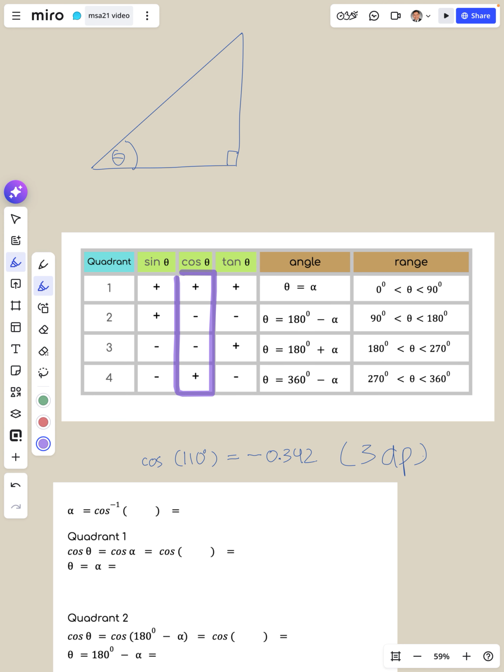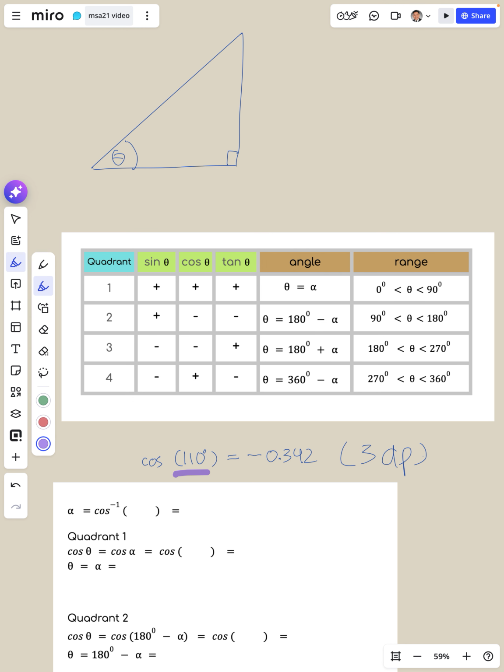So the positive or negative sign of the cosine depends on the quadrants. For cosine, it is positive in quadrant 1 and quadrant 4, and negative in quadrant 2 and quadrant 3. Now, let's try using this example.